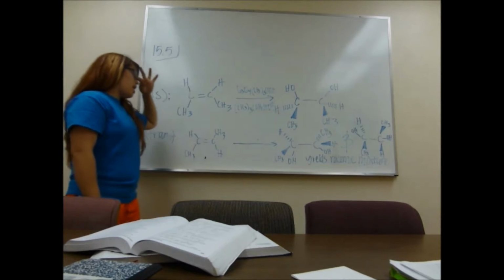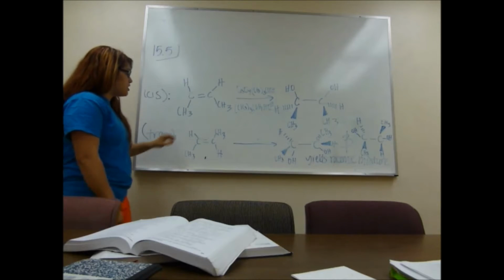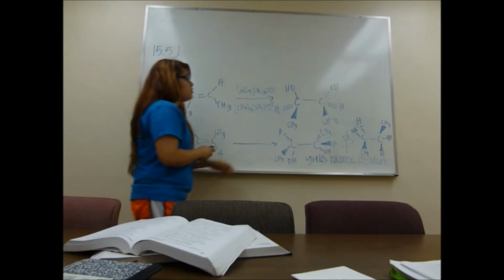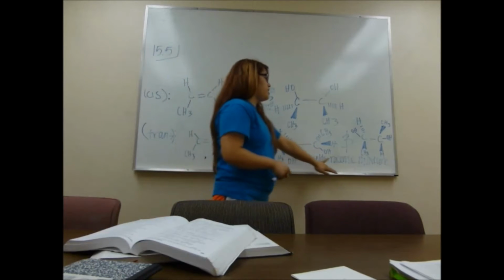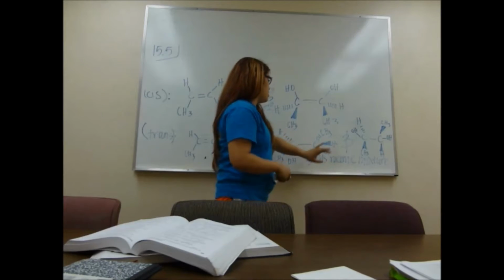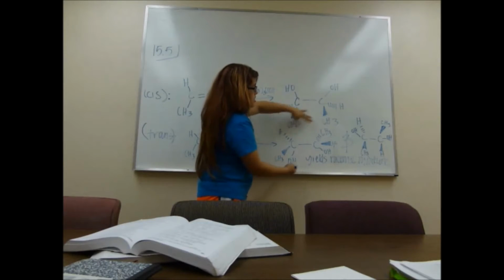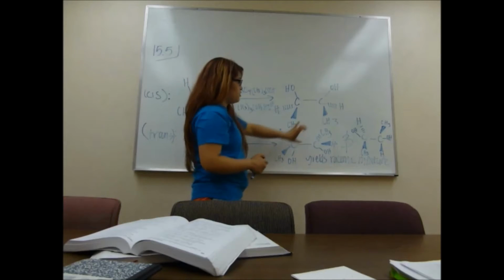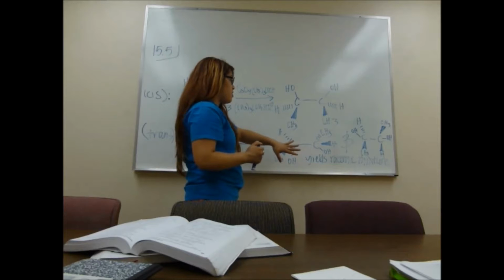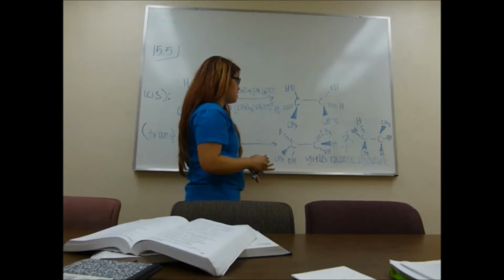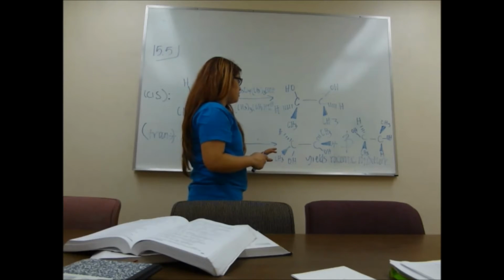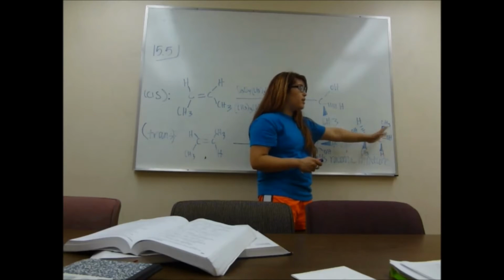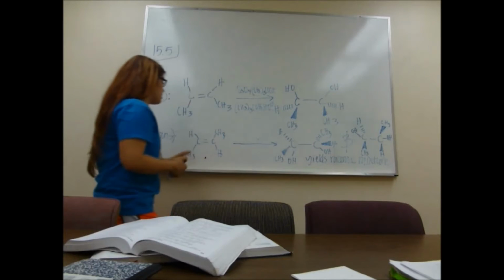For trans, you're going to have one methyl and another methyl on opposite sides of the double bond. And so when that comes out, you're going to get racemic mixtures. So this is one that you get, and this is the second one. The CH3s are still on opposite sides of the bond, but it's racemic because you can get the CH3 here dashed, or you can do the CH3 wedged. So that's why it's racemic, and that happens with the trans.